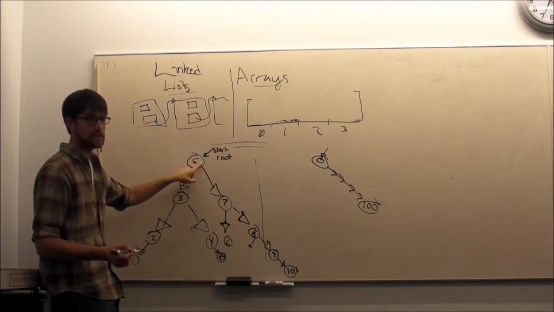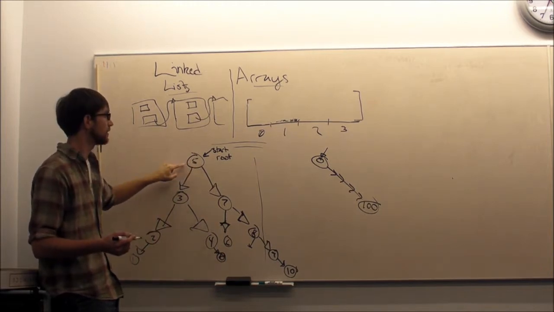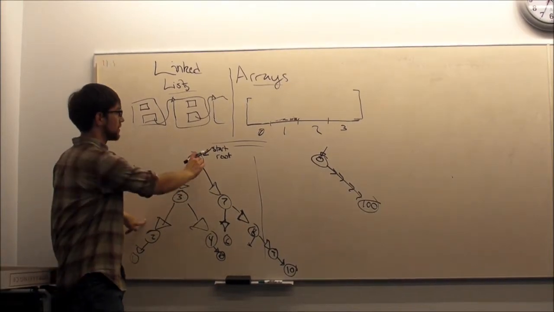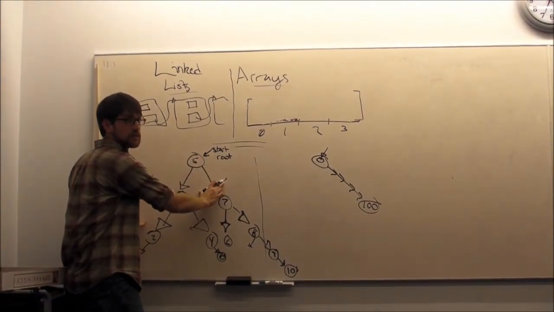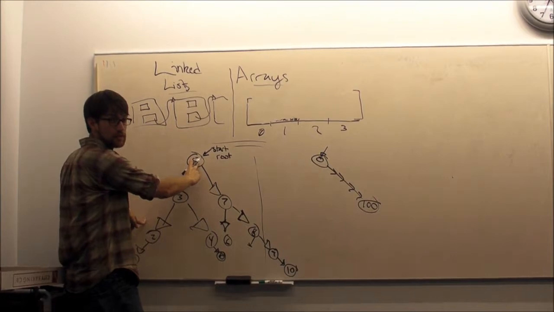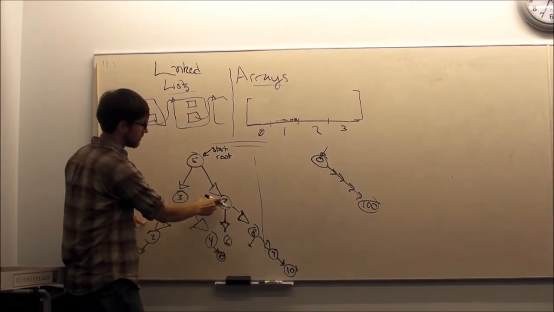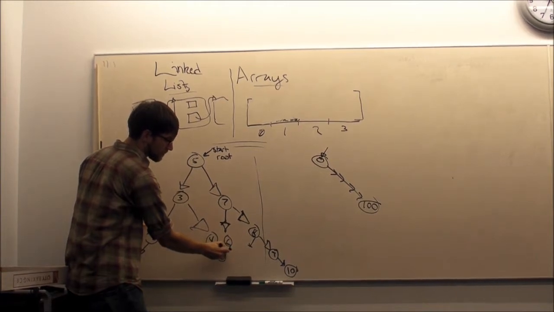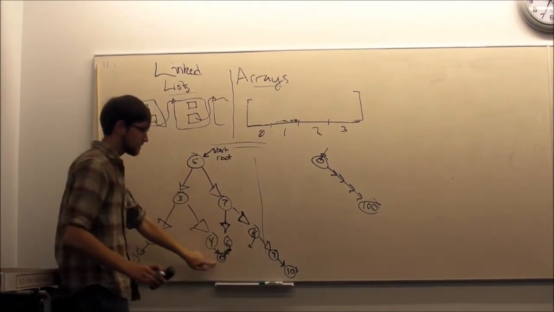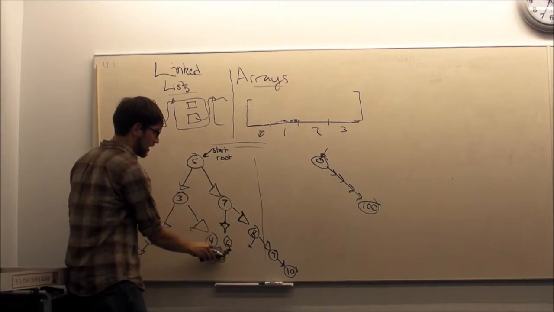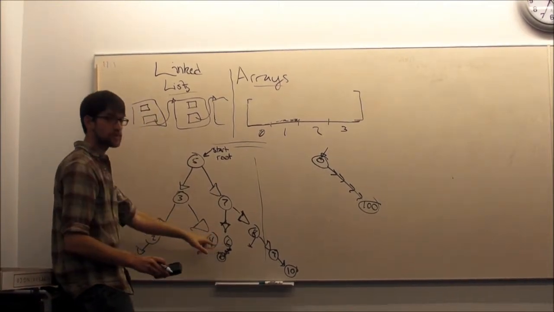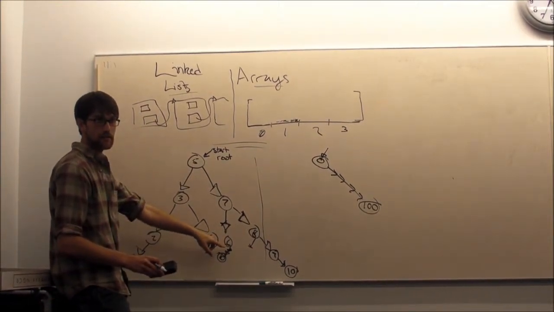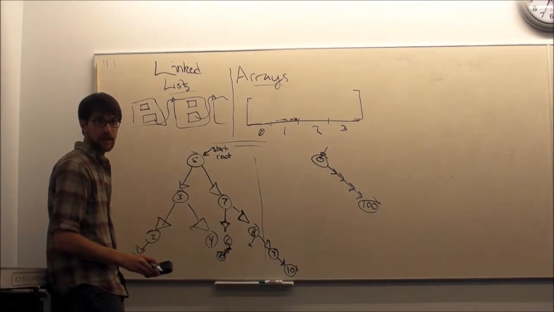But if you made it, everything has to be strictly less than, so everything on the right is greater than or equal to, then, well, it's equal to here, so it must go on the right side. And then, well, it's less than this, and it's less than here, so you'd have to add it down here. So you're right. You could end up in pretty much the same spot, and it's just a question of which kind of parent you are connected to at that point.